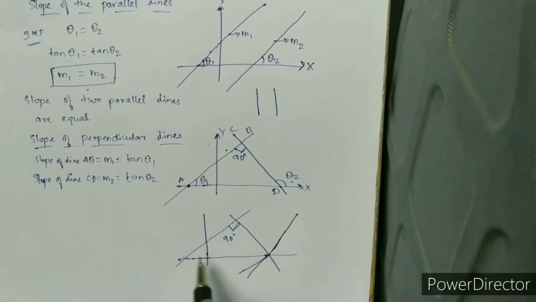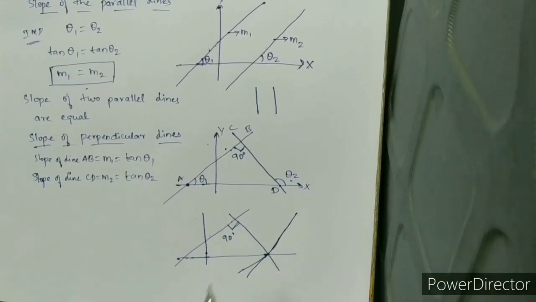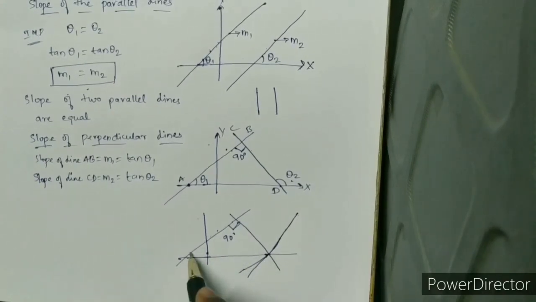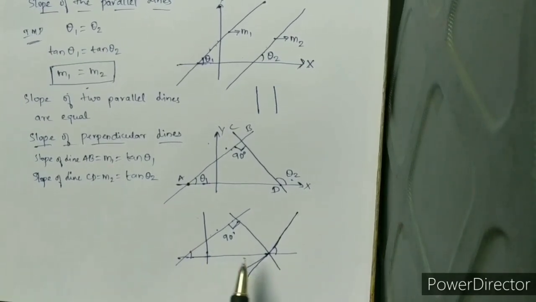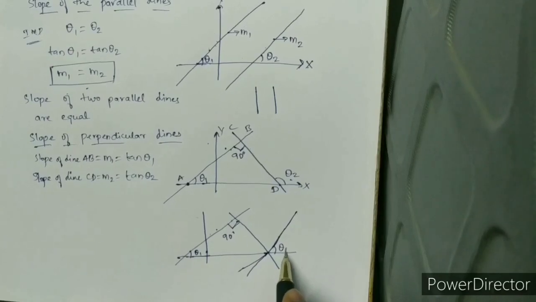So these two lines are parallel. That means this angle and this angle are the same. So if this is theta 1, this is also going to be theta 1.